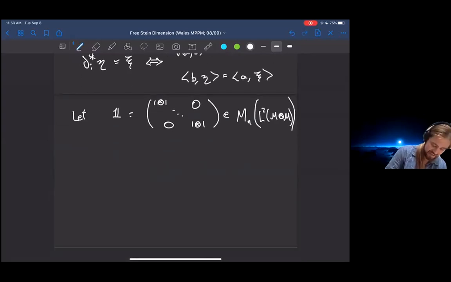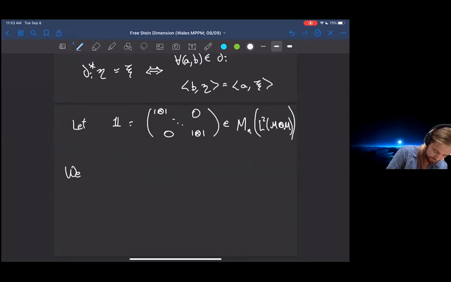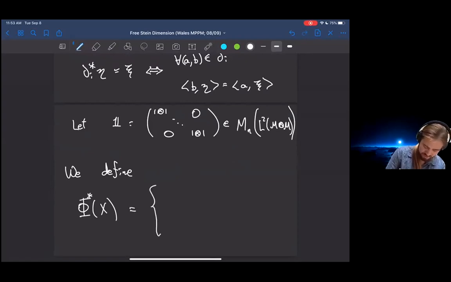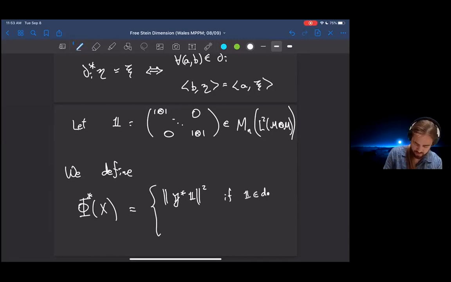Then we define the free Fisher information of the tuple X, by we, I mean Voiculescu defines the free Fisher information of the tuple X to be the L2 norm squared of the adjoint of the Jacobian applied to this 1 tensor 1 matrix, if it is actually in the domain, and infinity otherwise.